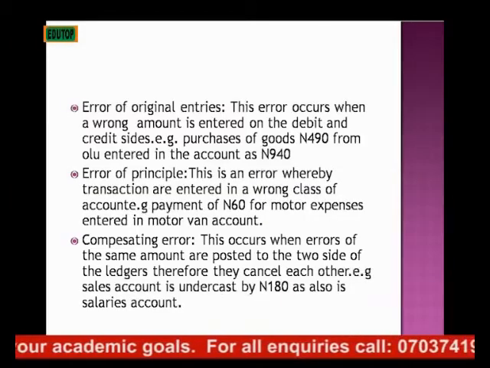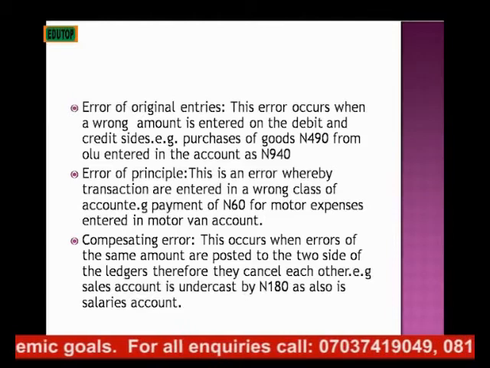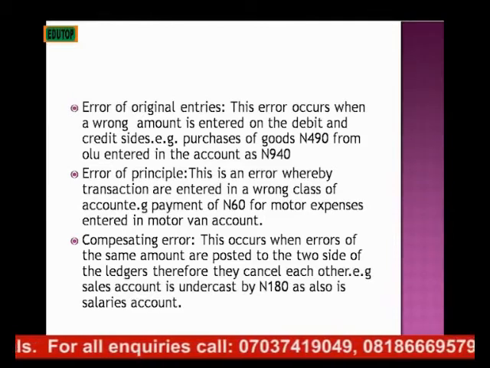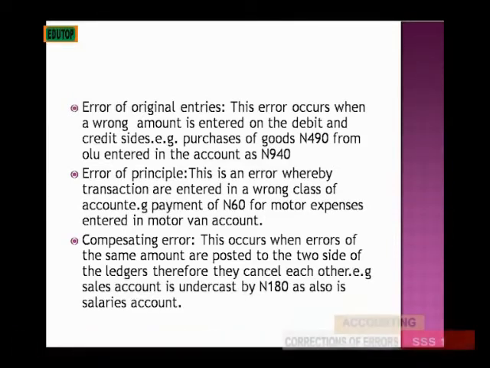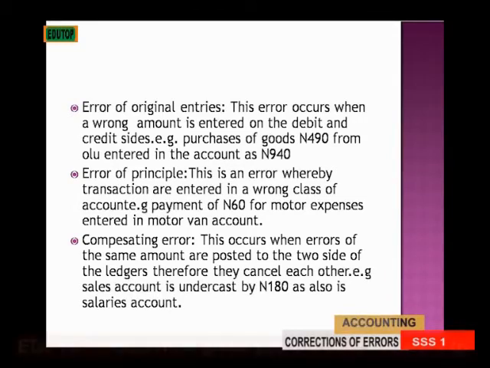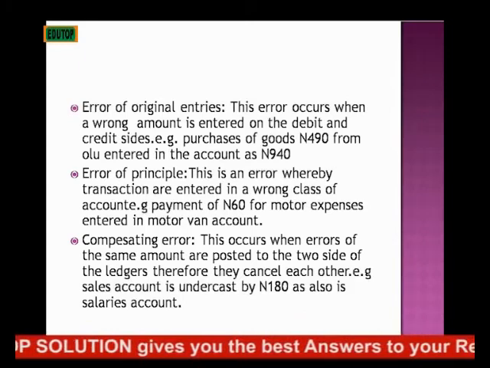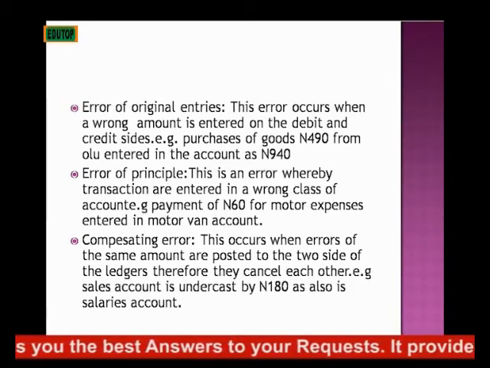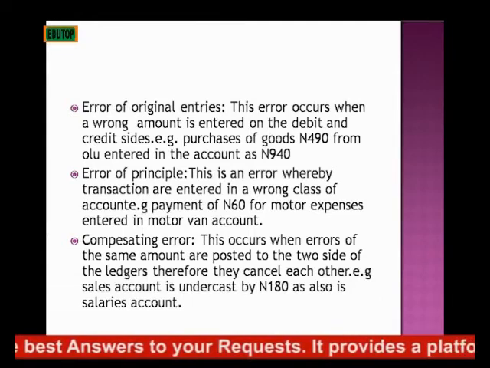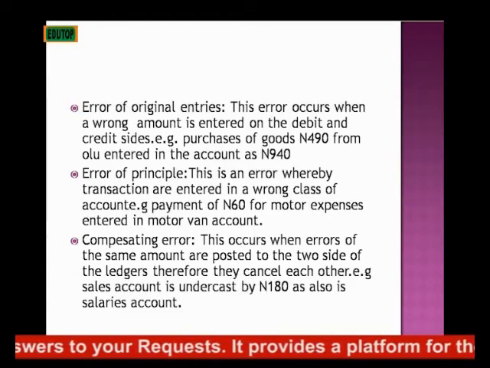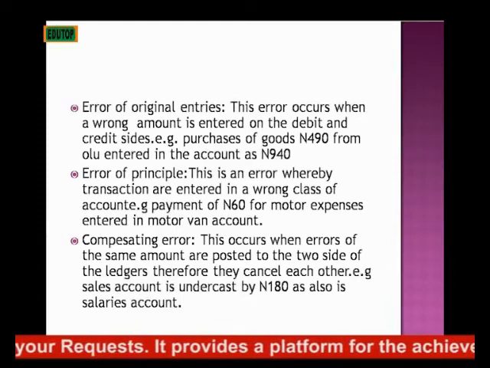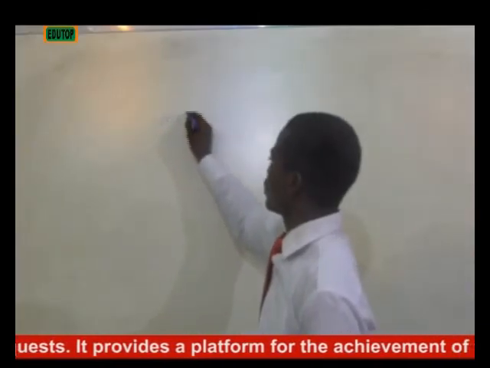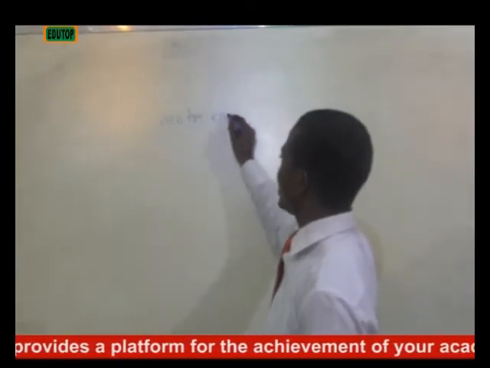Another one is the error of principle. Don't forget, it is an error that does not affect the trial balance. Error of principle is an error whereby transactions are entered in the wrong class of account. For example, payment of 60 naira for motor expenses entered into motor van. This is motor expenses, it's an expense.